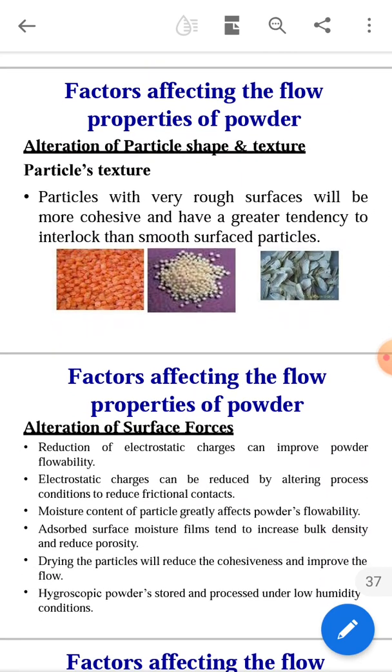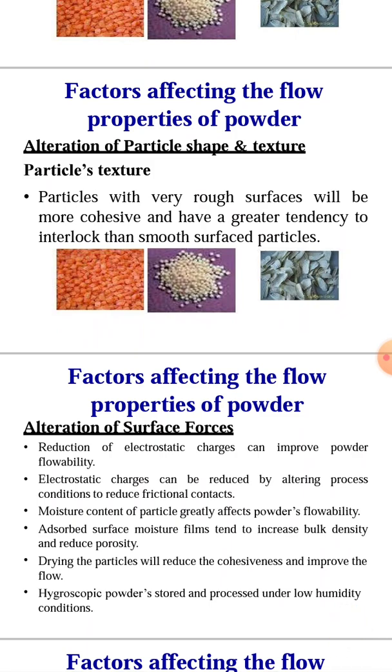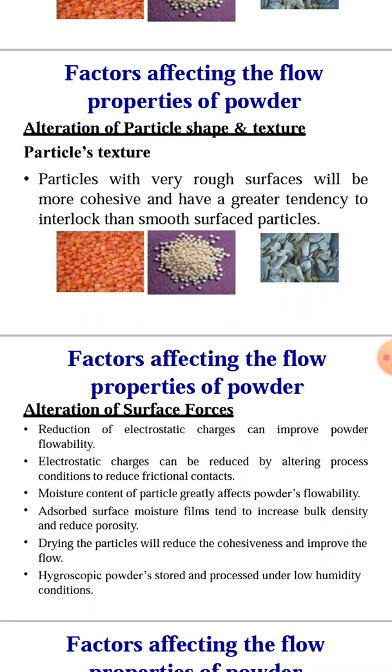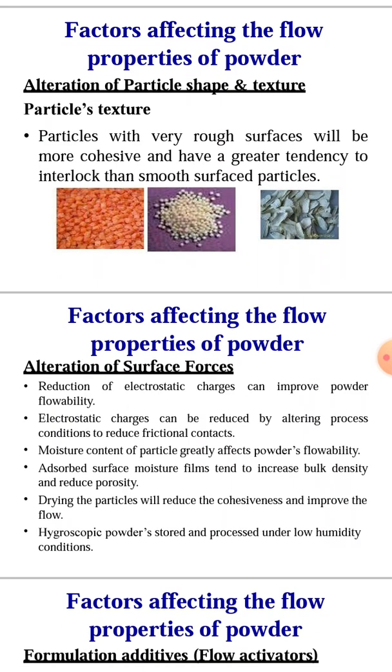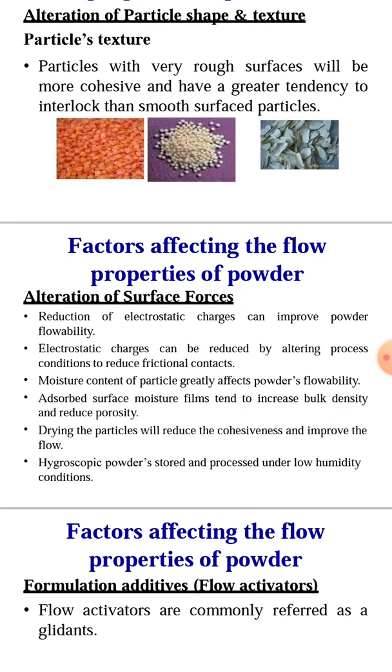In case of structures, particles with a very rough surface will be more cohesive and have a greater tendency to interlock than smooth surface particles. So you have to choose spherical particles in dosage form design, which have better flow properties than irregular particles.